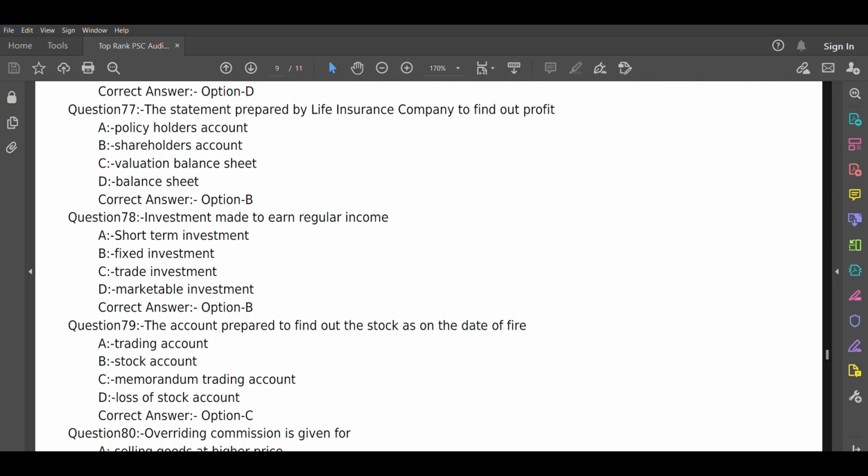Investment made to earn regular income. Fixed investment. The account prepared to find out the stocks as on the date of fire. Memorandum trading account.